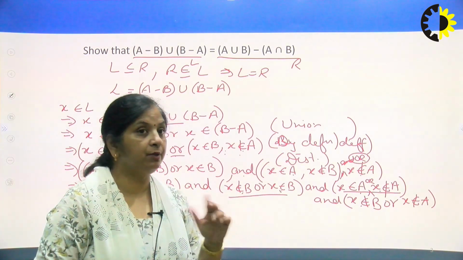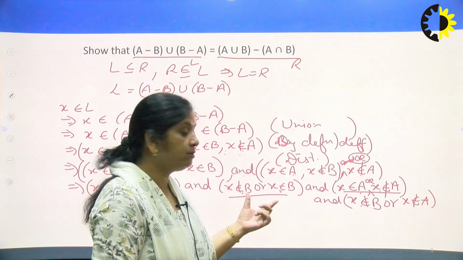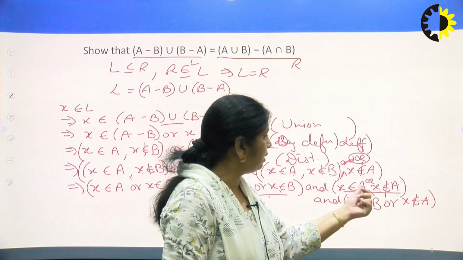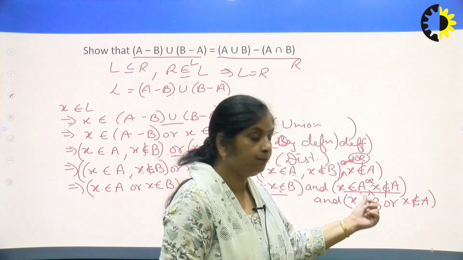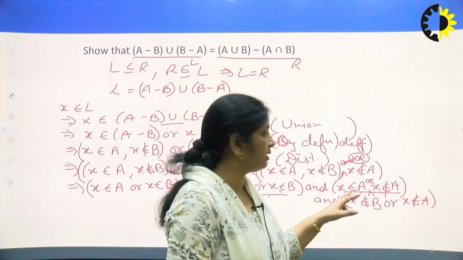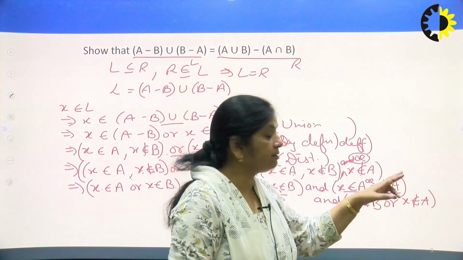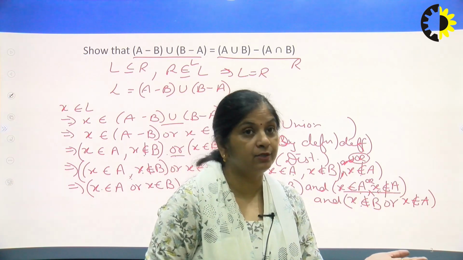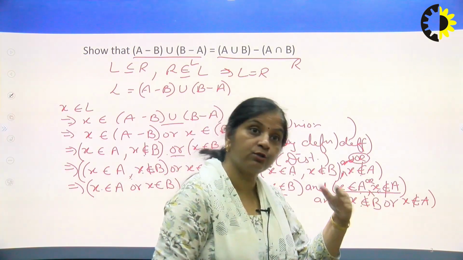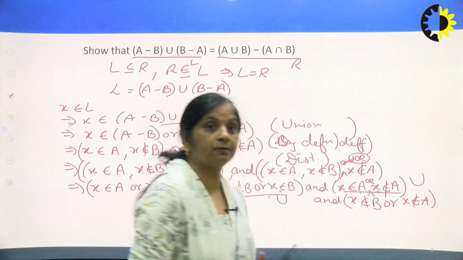So we will take the elements of B, as well as all the elements which are not present in B. It means this is representing the universal set. Same way here, X belongs to A or X doesn't belong to A also represents the universal set. So both are representing the universal set.